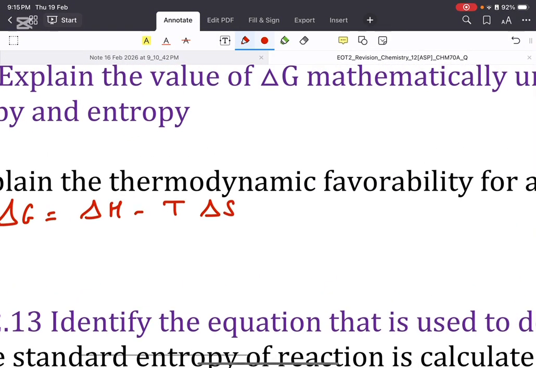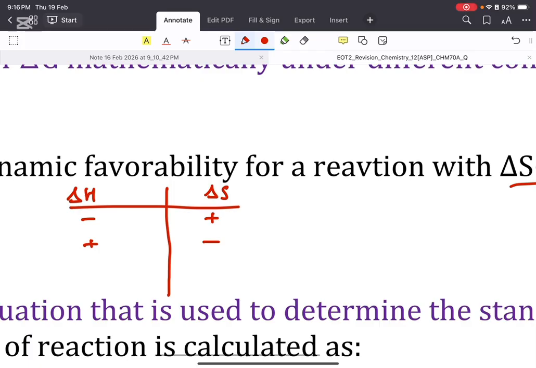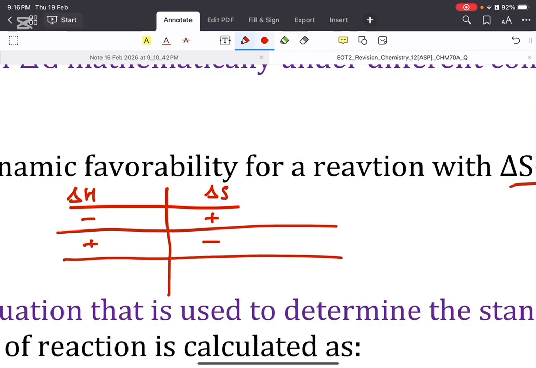Okay, so let's put here delta H and delta S, when both of them have opposite values, and plug them into this formula. For the first case, an exothermic reaction with an increasing entropy, the system is forever spontaneous.